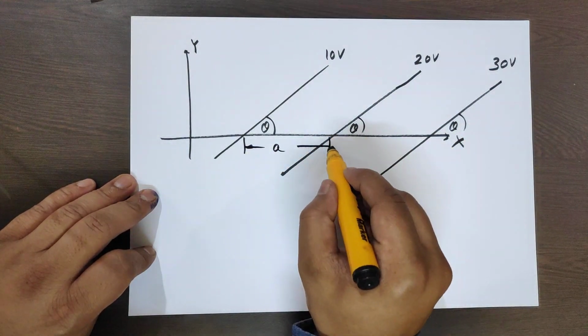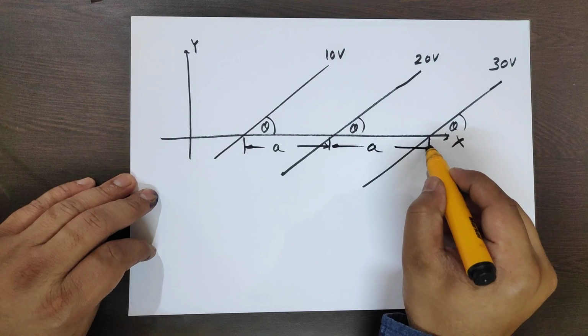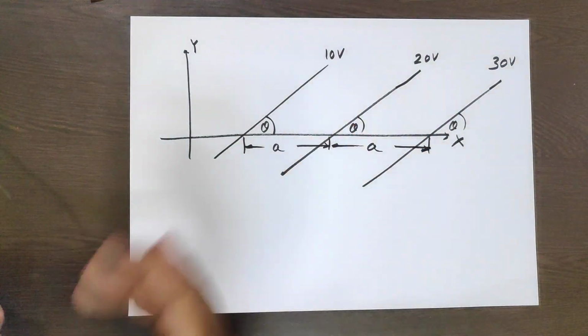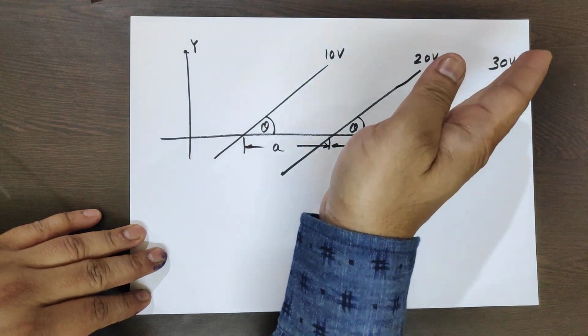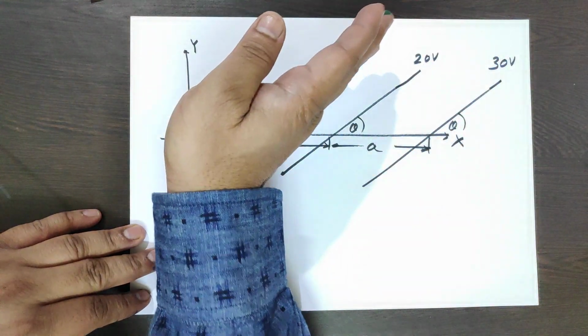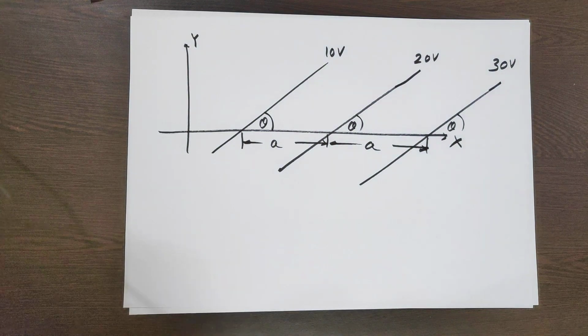And suppose these all gaps happen to be a each. Now the equipotential surfaces are the planes perpendicular to the xy plane, right.